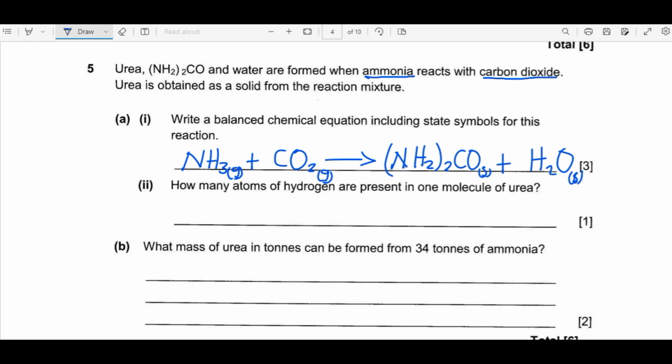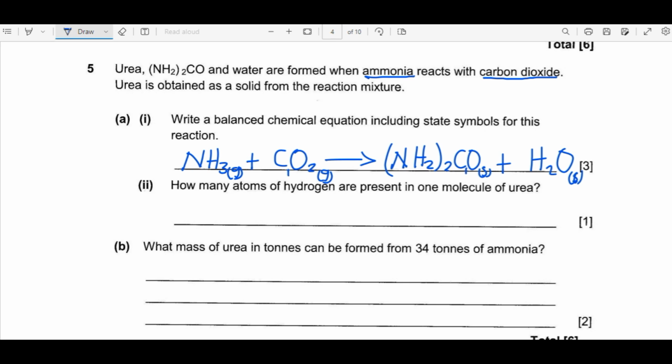Now from here we need to balance this chemical equation. So the question is, how can we balance this chemical equation? Where are we supposed to put the numbers? So we'll begin with nitrogen, is the one that we are going to focus on, because for carbon there is only one here and also one here. So the carbon is balanced.